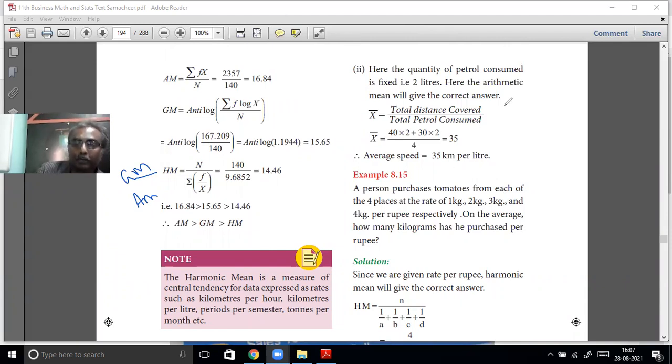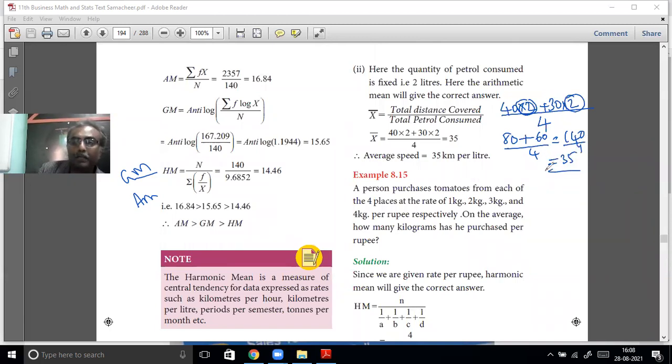The first fellow covers 40 in 1 liter, so 80 in 2 liters. The second fellow covers 30 in 1 liter, so 60 in 2 liters. Both use 2 liters, so the total number of liters used is 4. That means 80 plus 60 divided by 4, 140 divided by 4, which is equal to 35.